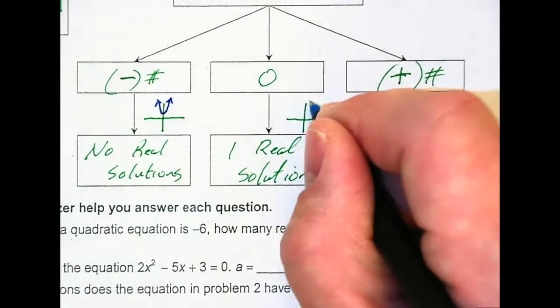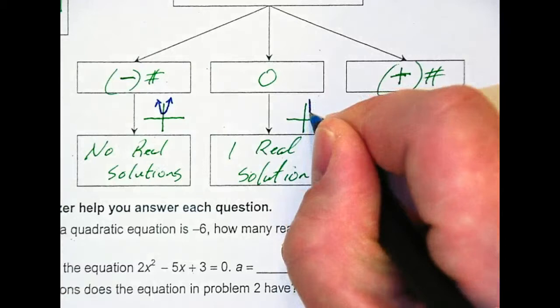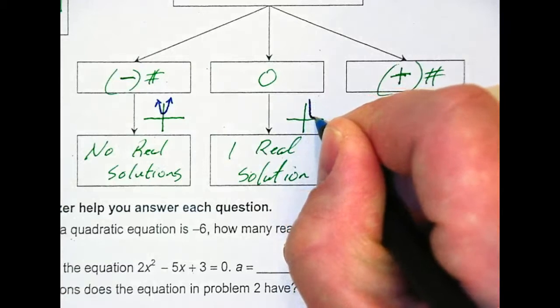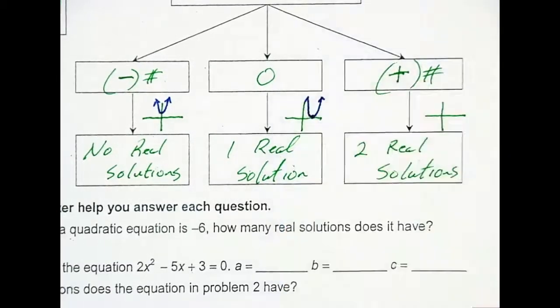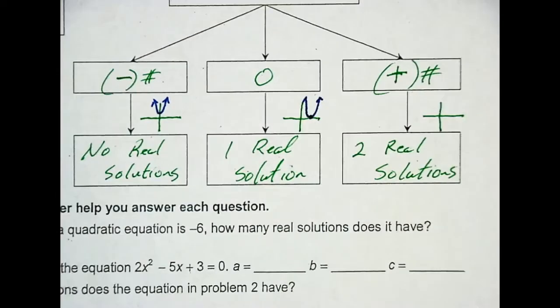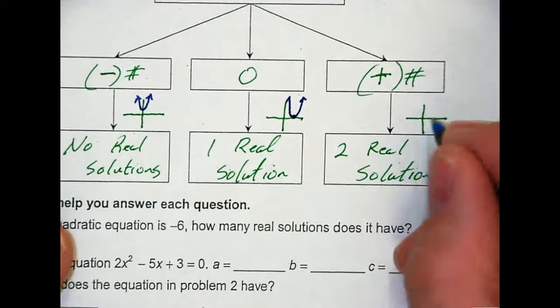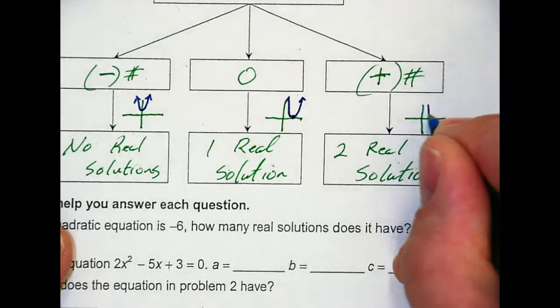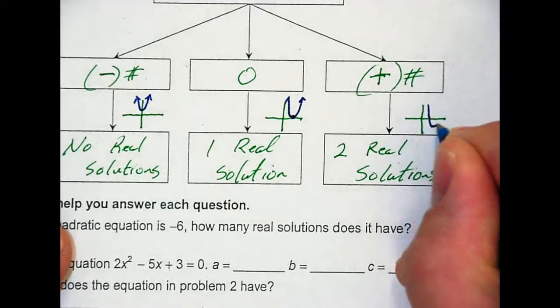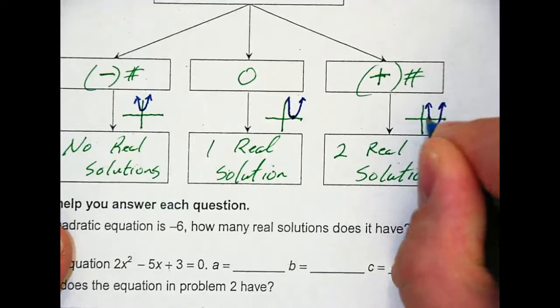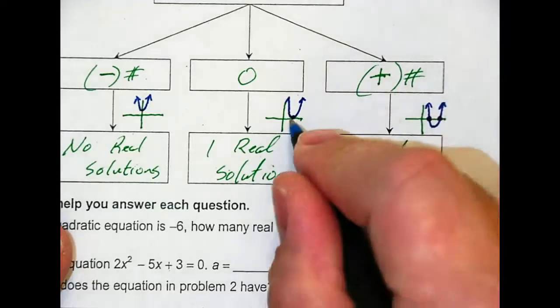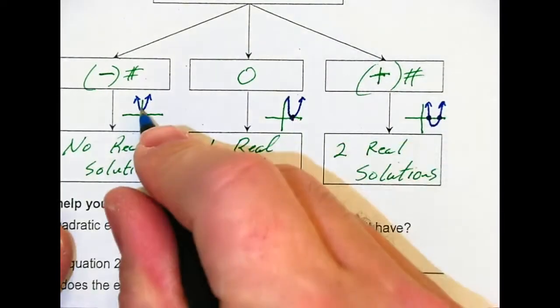It's going to come down, hit it, and then bounce right back up off it. So it hits it one time right there. Okay, and this one hits it twice. It goes through it. The vertex is either above or below and then it comes back up through it. So 2 solutions, 1 solution, and no solutions.